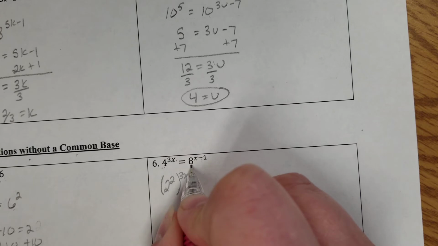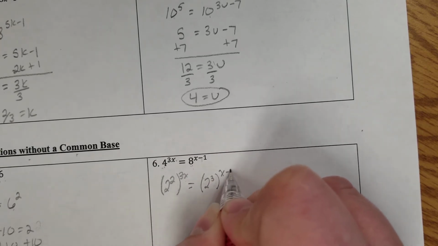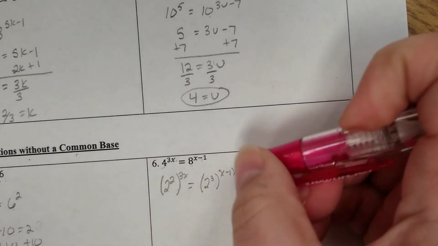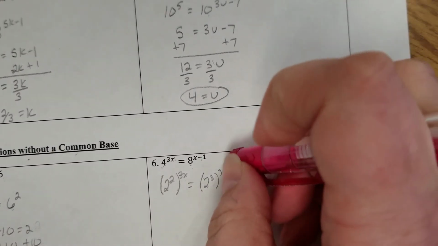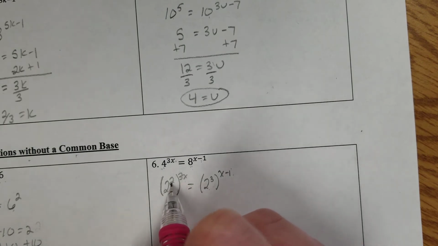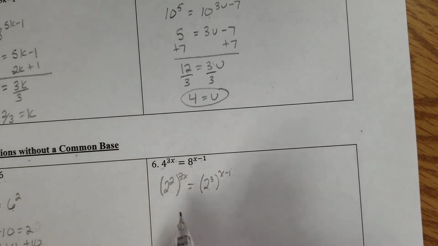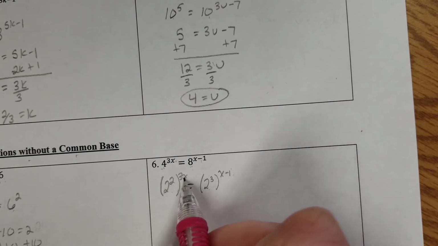And then we're going to make 8 into 2 cubed, and put the x minus 1 on the outside of that. Right? And then now that we have a base of 2, we have to figure out what to do with the exponent inside the parentheses and the exponent outside the parentheses. And when we have a power raised to a power, we multiply them.